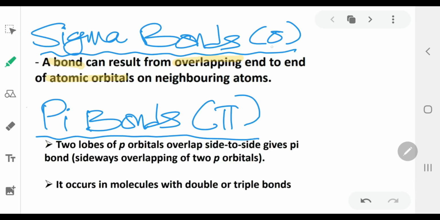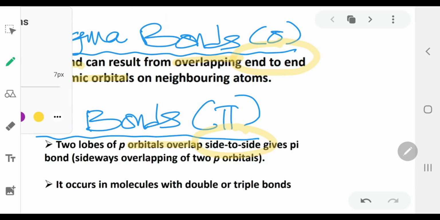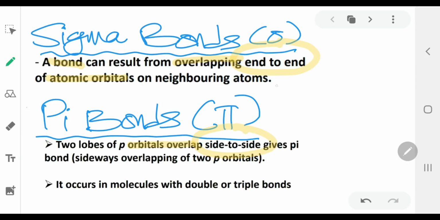You can have either end to end, or you can have orbitals overlapping side to side. So the two keywords that we can identify from the definitions of sigma bonds and pi bonds are this: you have orbitals, and then you have the word overlapping.